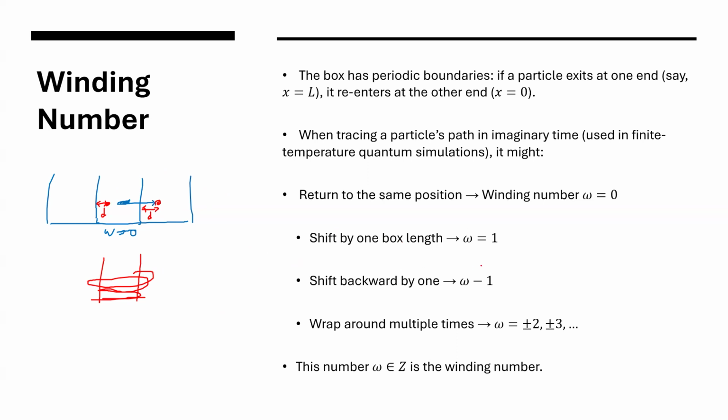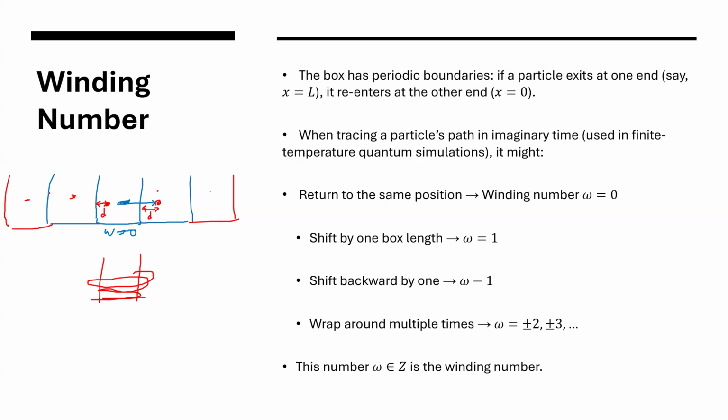We also need to know that omega equal to 1 means it shifts by 1 box length, right? That means it shifts to the next box. If it is -1, then it goes to this box. If it is +2, it goes to the next box, and -2 means it goes here.